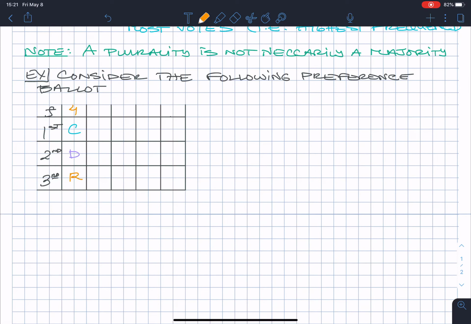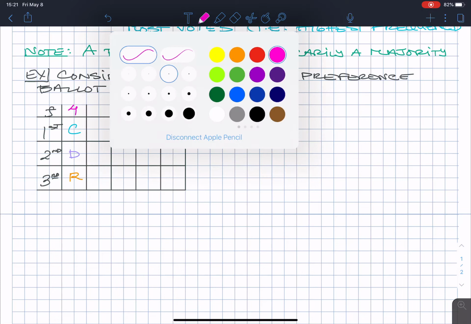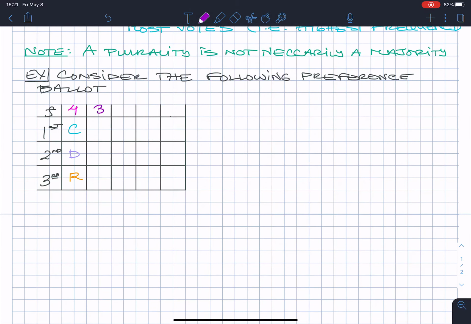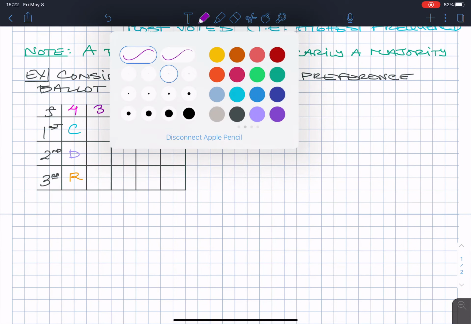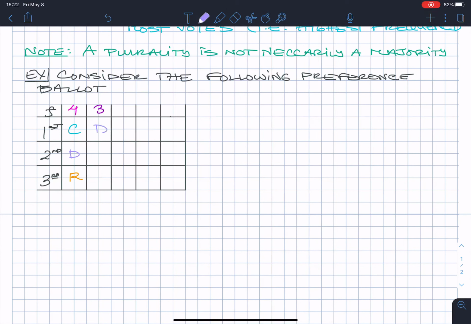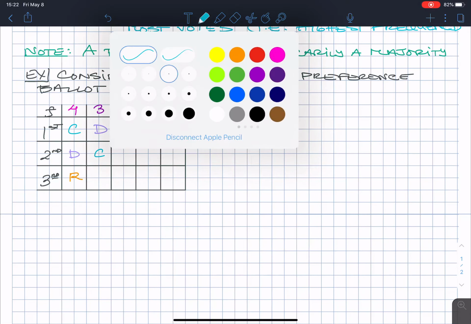That's why I should not have used orange. Let's use hot pink for that instead. Now let's do a frequency of 3 for the order dogs, cats, rabbits.